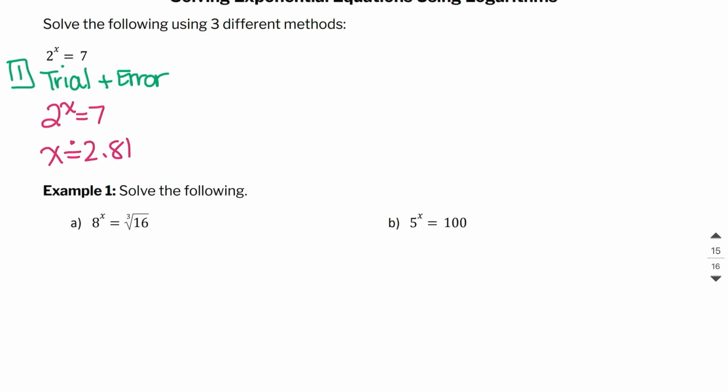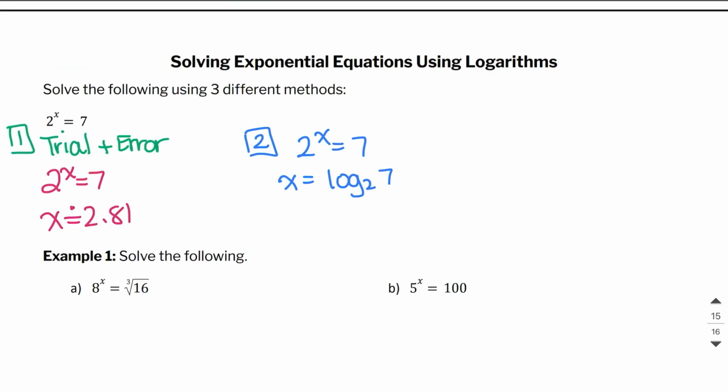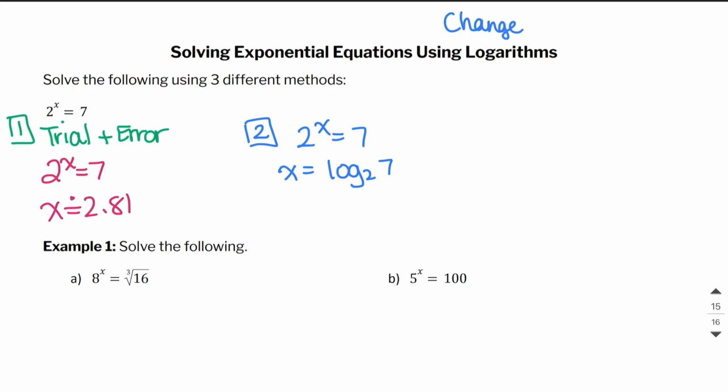The second option is to rewrite this in log form. If I've got 2 to the power of x equals 7, we can say that x, the exponent, is equal to log base 2 of 7. Then there's a change of base formula that's going to be helpful to us.